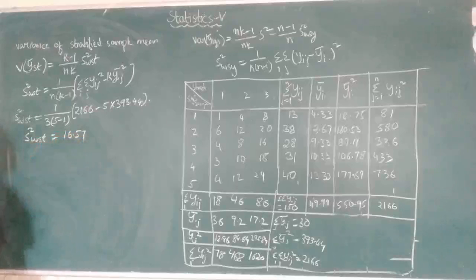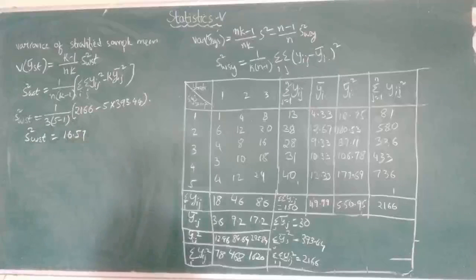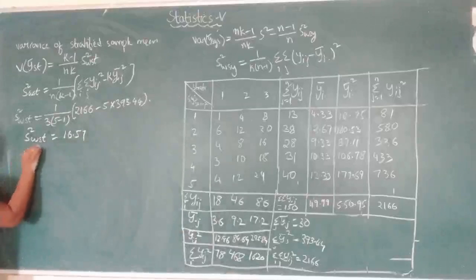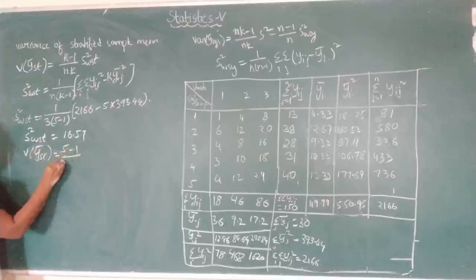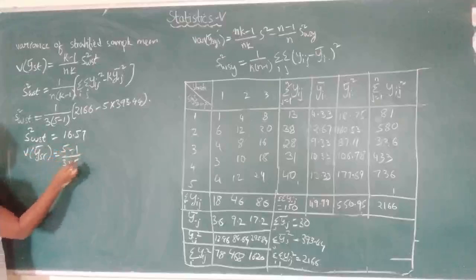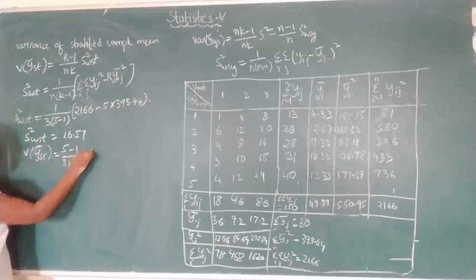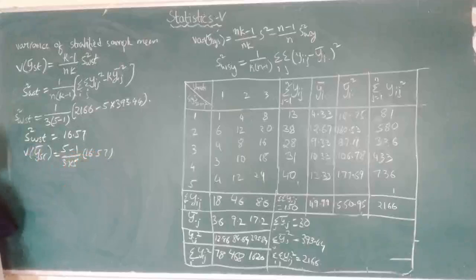So substitute the 16.57 in the variance of y bar st formula. Variance of y bar st equals k minus 1, 5 minus 1, into 3 into 5 into S square wst value, we got it as 16.57.